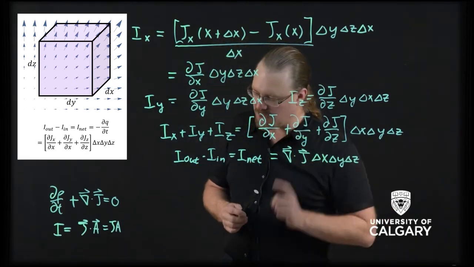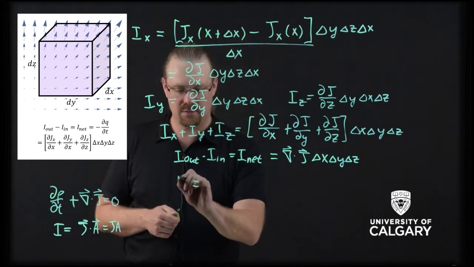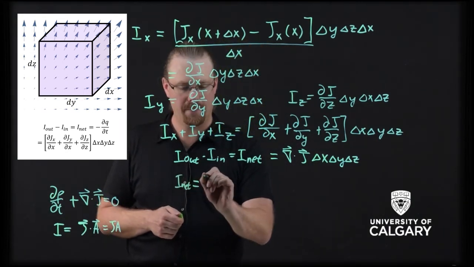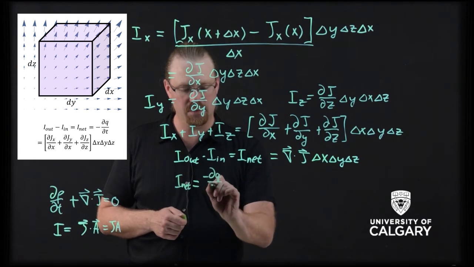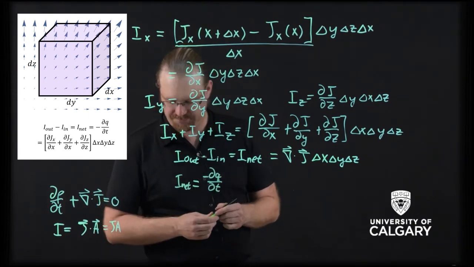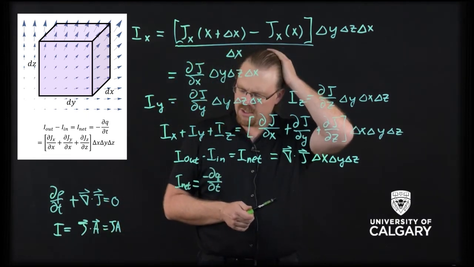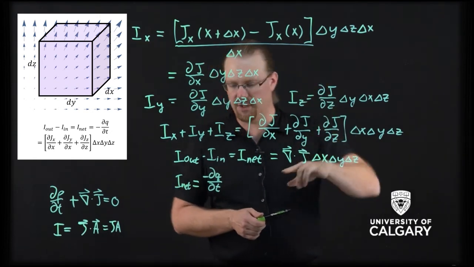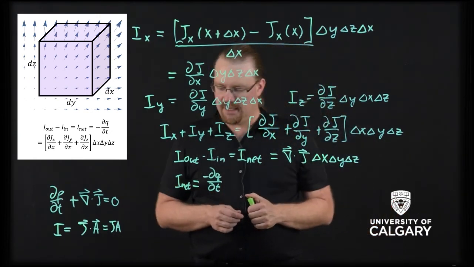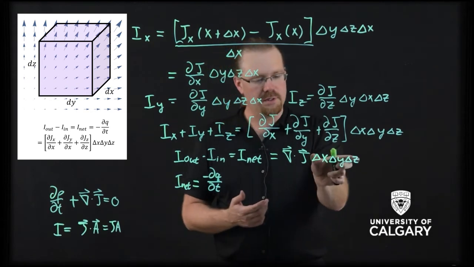But I net is also equal to minus dq dt. Well, if minus dq dt is going to be equal to this, we could move this over to the other side.